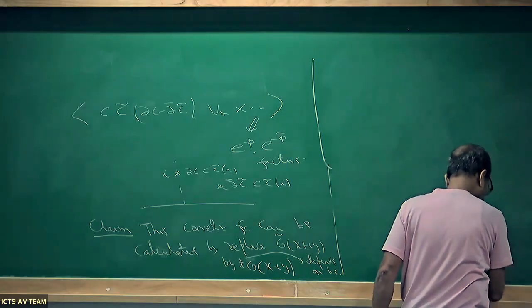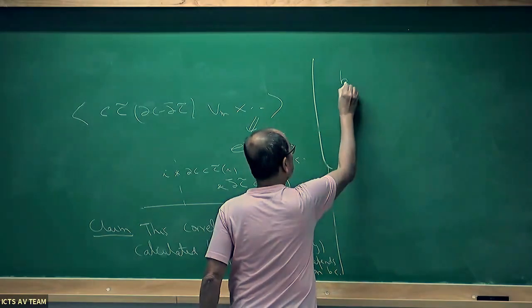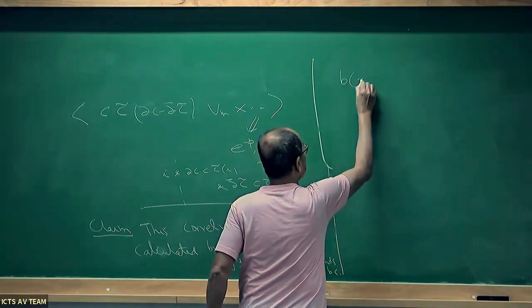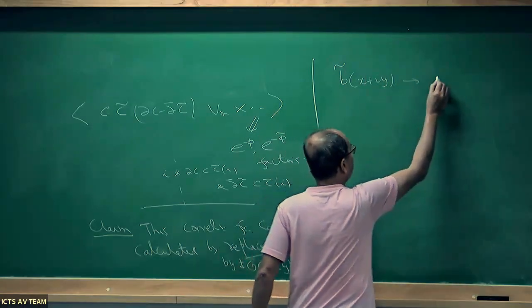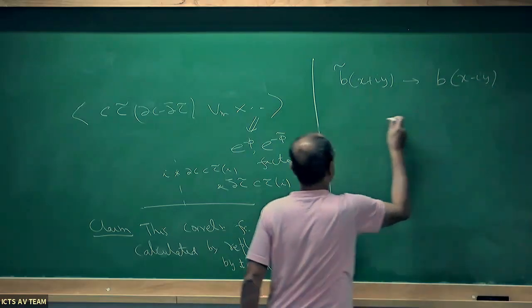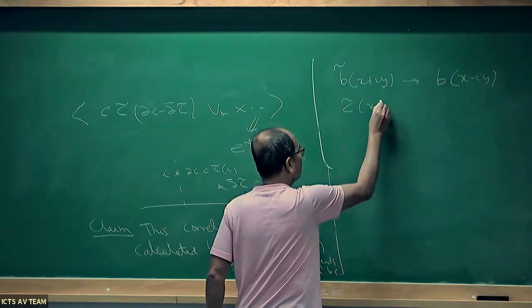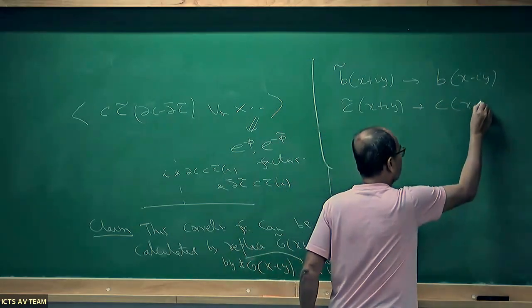So I'll give some examples. Okay. If we have B of x plus iy, B tilde of x plus iy, you replace it by B of x minus iy. Same for C. C tilde of x plus iy, replaced by C of x minus iy.